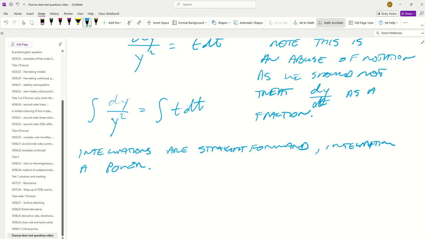So we add 1 to the power, divide by the new power. So when we add 1 to -2, we get -1. So this actually does become a minus. You've got to be careful that you don't accidentally lose that minus sign, right? Sometimes it even helps to write it out as y to the -2, just so you see it and don't forget it.